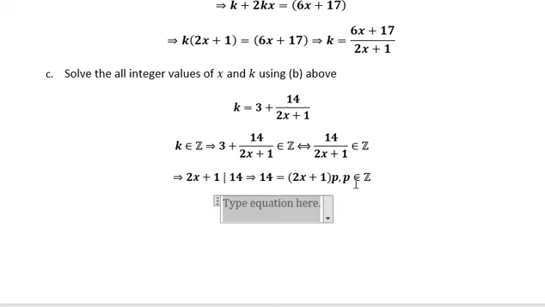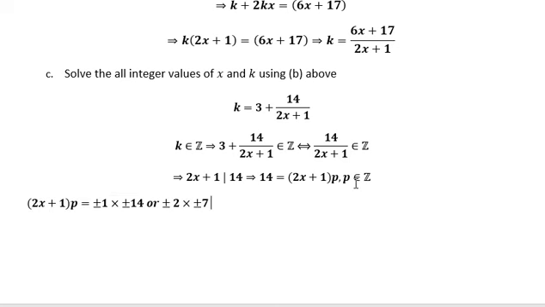So I'm just going to say 2x plus 1 times p will be equal to 14, and 14 can be written as plus or minus 1 times plus or minus 14, or plus or minus 2 times plus or minus 7, and vice versa.